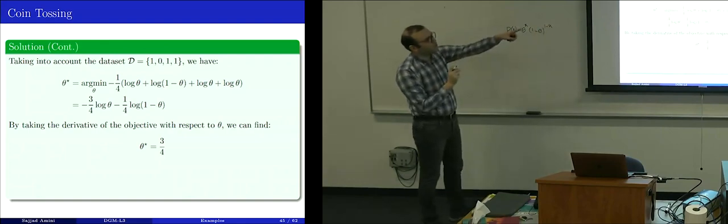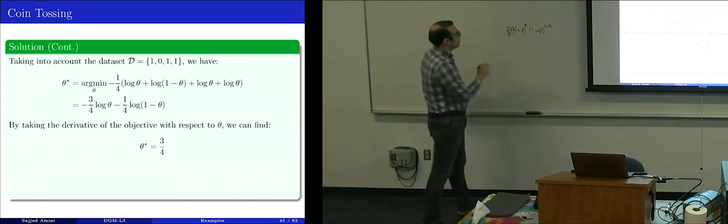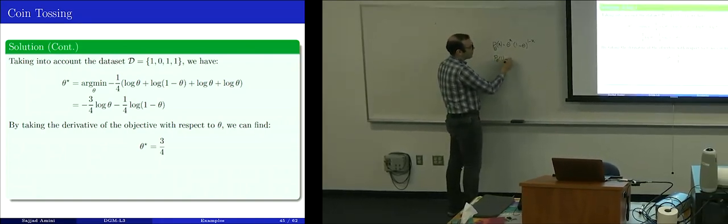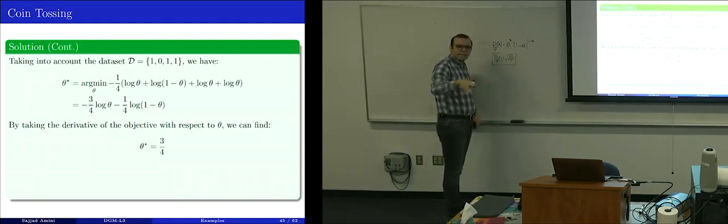Here, assume I want to put this first element inside your model, it equals theta. So you have the distribution as a function of model parameters.